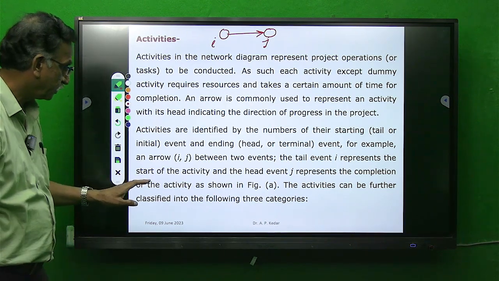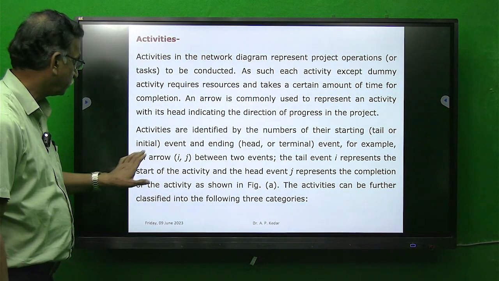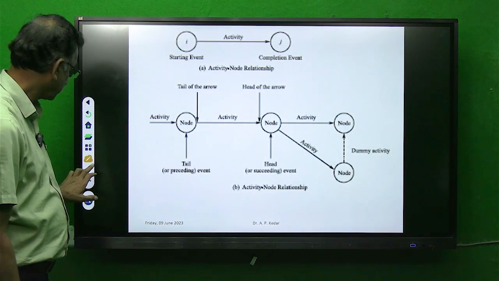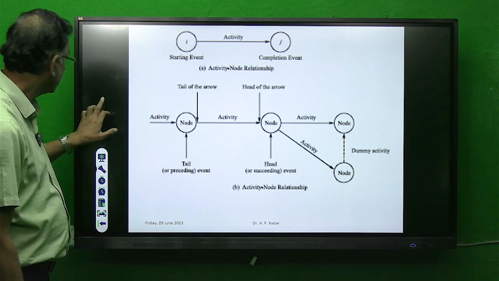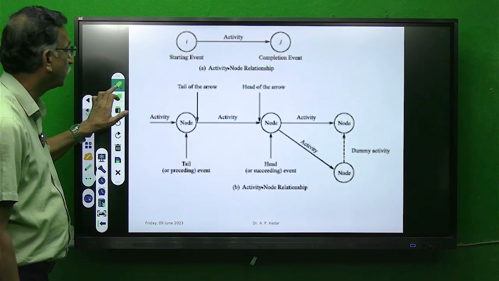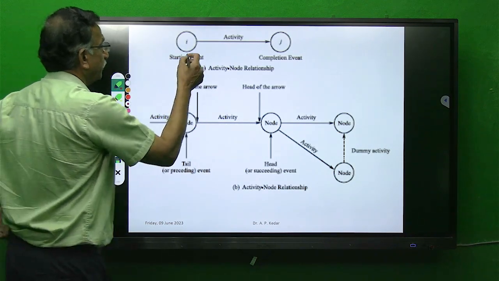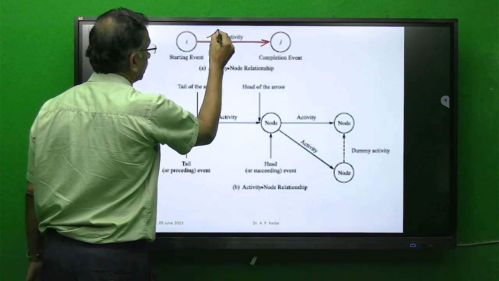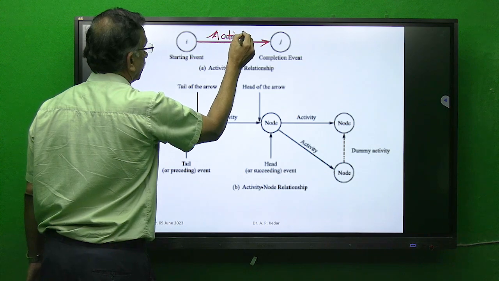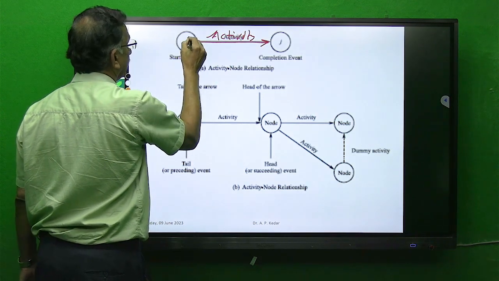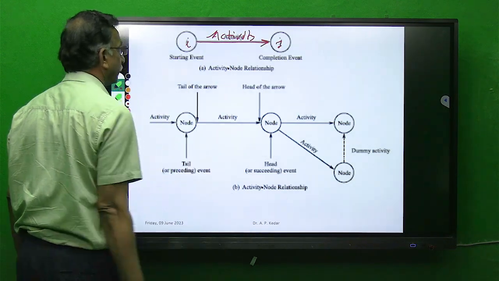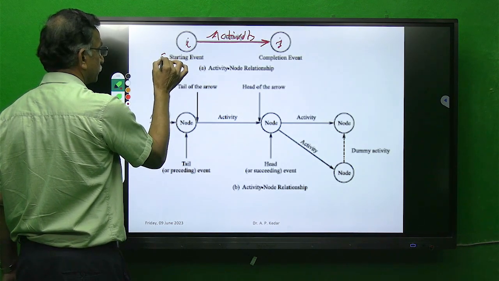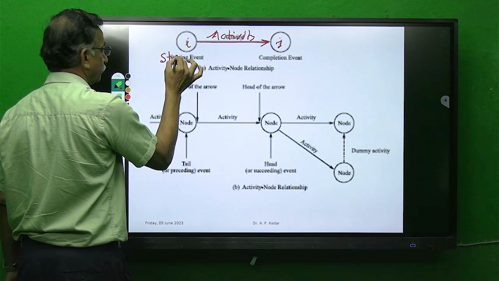Now, see, very important. As mentioned in previous slide, this is activity i j, and I have written this, but it is not visible.